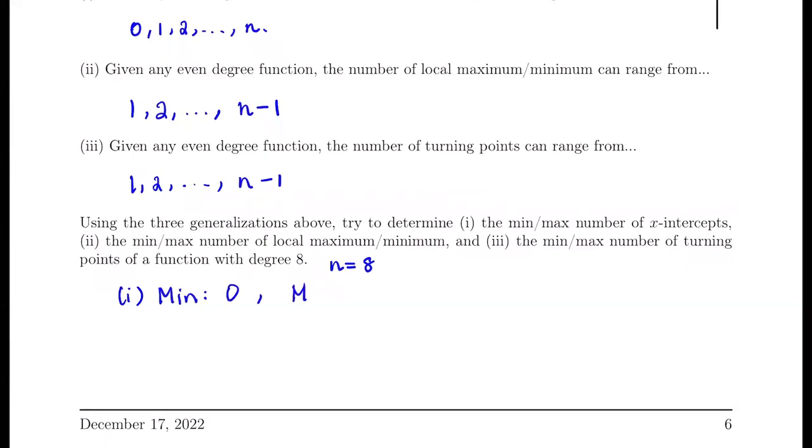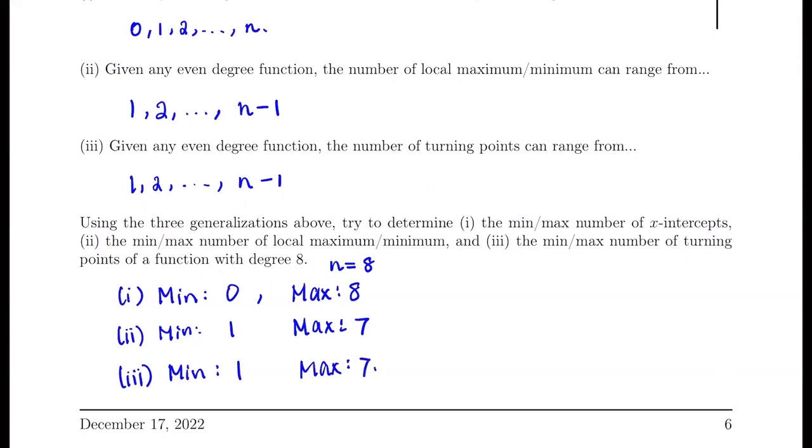The maximum number of x-intercepts is 8. And then for the second one, the minimum number of turning points is going to be 1, and the maximum number of turning points is 7, because it's n minus 1. And then for part 3, it's going to be the same as the number of local minimums and maximums. So we have the minimum being 1, and the maximum being 7.